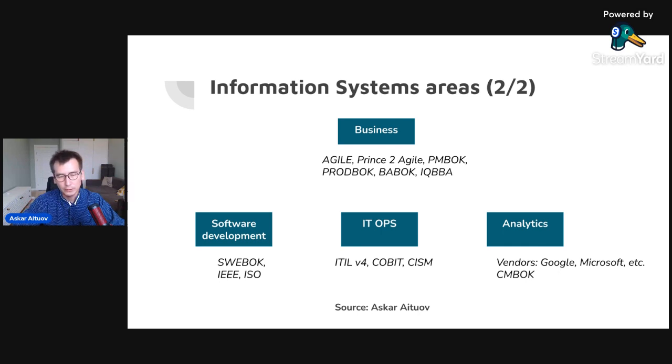Today we will have a little deeper dive into the ITIL standard. And then analytics. Analytics depends on the tools you use. If you use Google, there is Looker Studio for BI, and Google Analytics for marketing and product analytics, and the same for Microsoft.